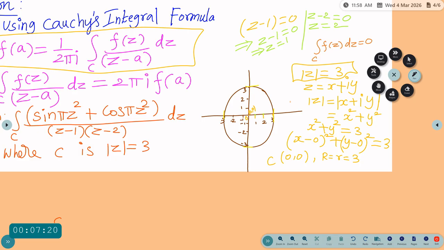The given points z equal to 1 and z equal to 2 lie inside modulus z equal to 3.